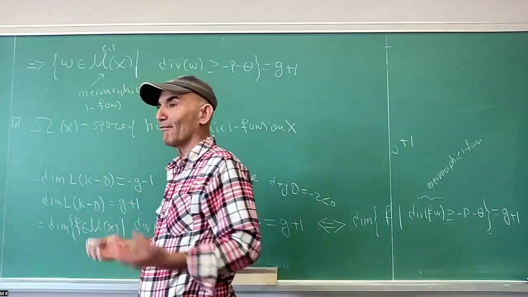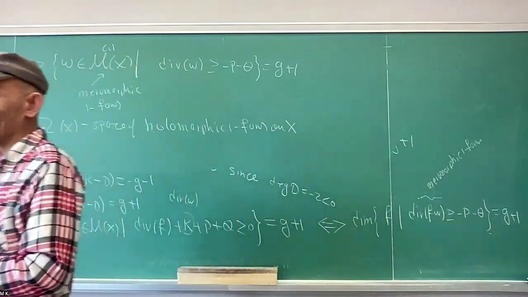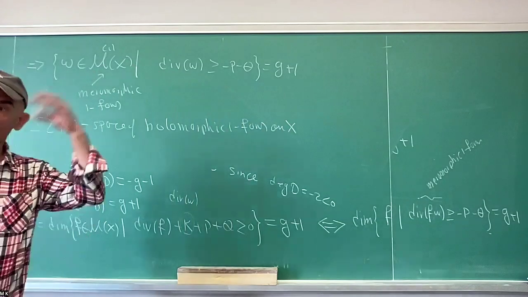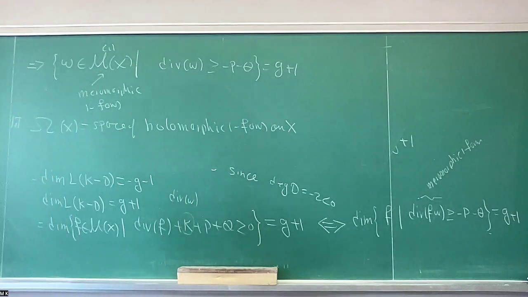What is the dimension of omega of x? It's G. This is something that I said I won't prove, but I used it during the Riemann-Roch theorem.